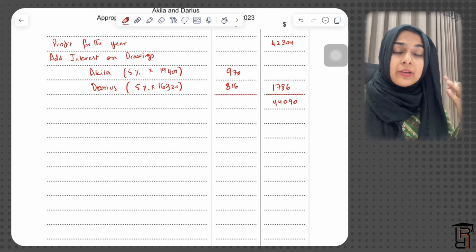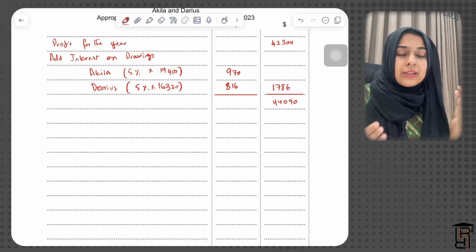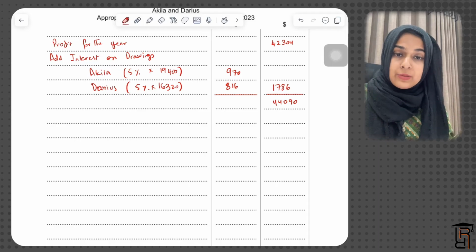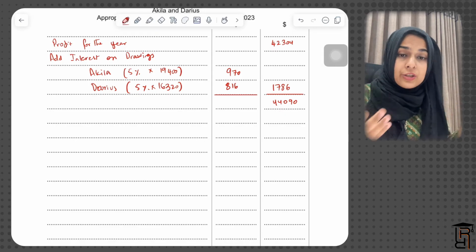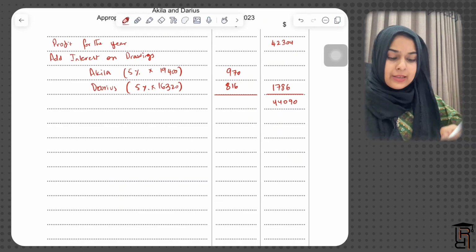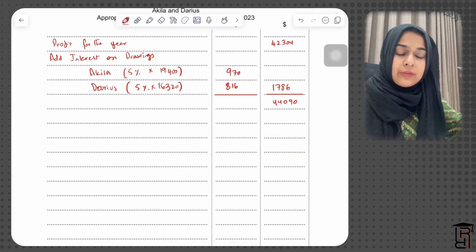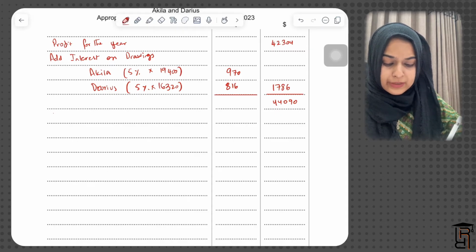They are rewarded for investing in the business. If they had invested somewhere else, they would have gotten interest on that investment. So because they have invested in the partnership, we give them interest on capital from the profits of the partnership.